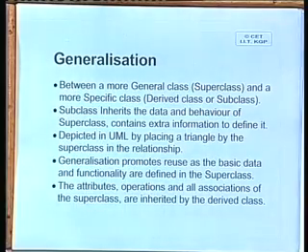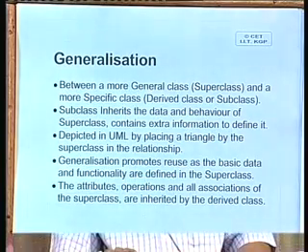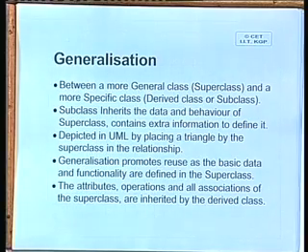Not only that, it may have certain other special properties. What are those special properties? The pilot can fly a plane. The crew will be serving people while they are in the plane, right? Whereas another employee, maybe a clerk, may not have these properties.